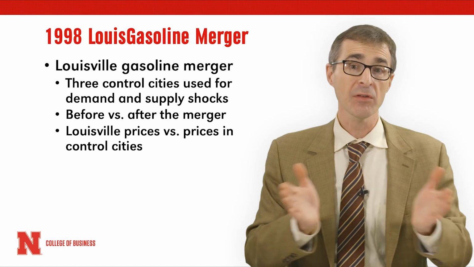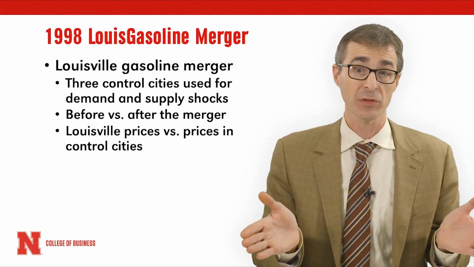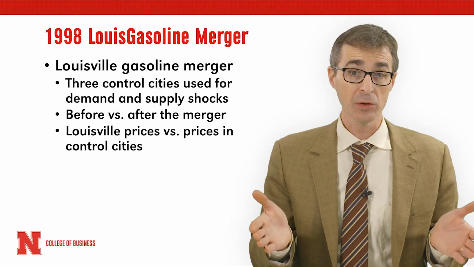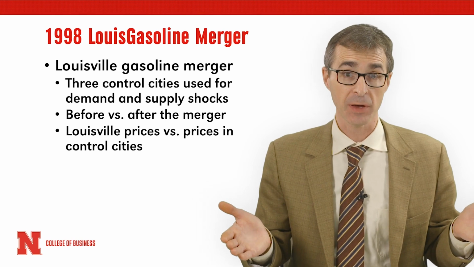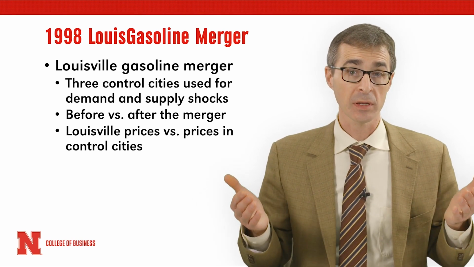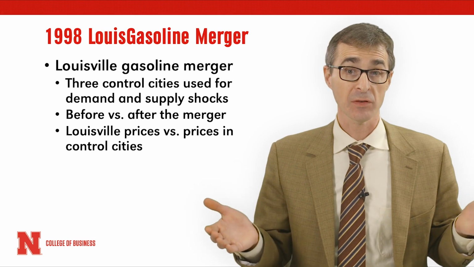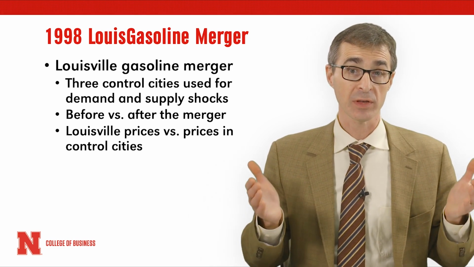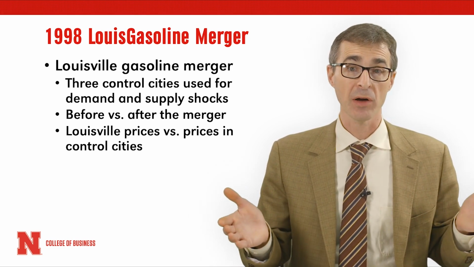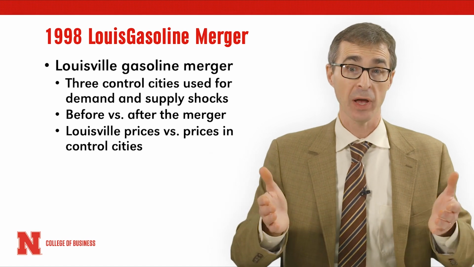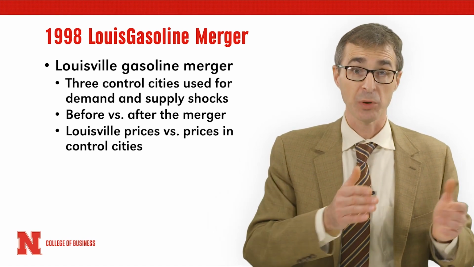And when they did this, they found that actually the differences were essentially zero. From that, they concluded, by way of this diff-in-diff estimator, that the merger in Louisville did not seem to be anti-competitive, at least to the extent that it did not increase gas prices over and above what they were in other cities anyway, pre versus post merger.